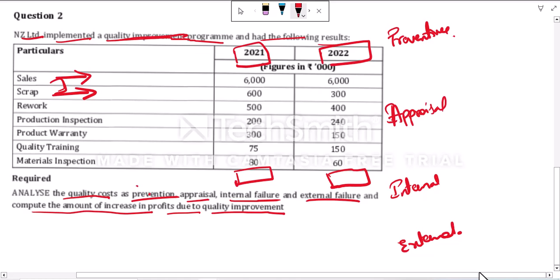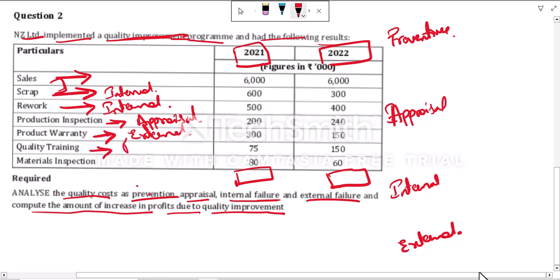Scrap is internal failure cost. Rework is also internal failure cost. Production inspection is appraisal cost. Product warranty is external failure cost.